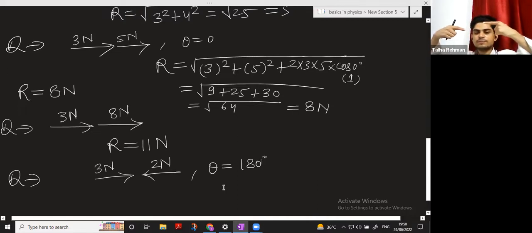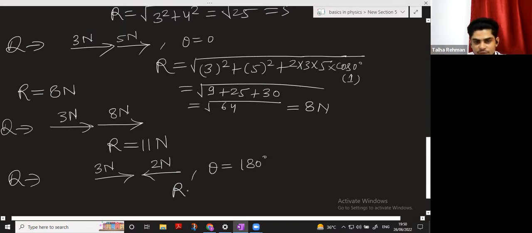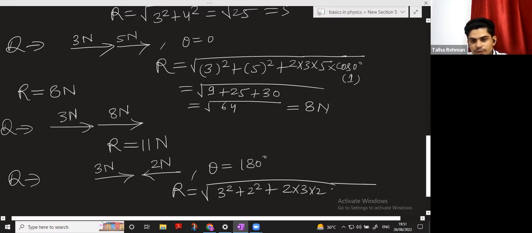So if someone is going in opposite direction, means the angle is 180 degree. So here we can find the value of resultant, like 3 square plus 2 square plus 2 into 3 into 2 into cos 180.